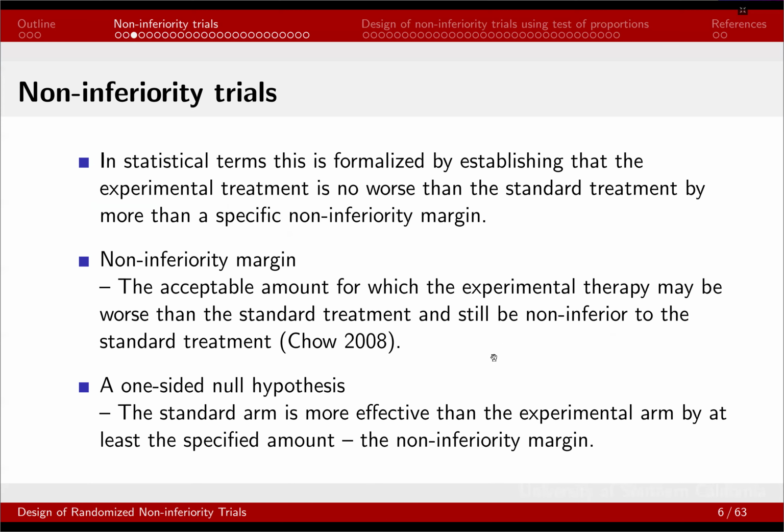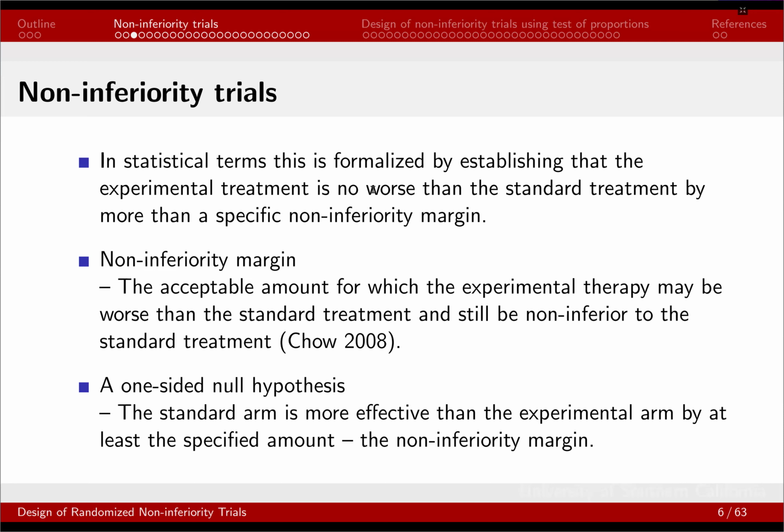In statistical terms, this is formalized by establishing that the experimental treatment is no worse than the standard treatment by more than a specific non-inferiority margin. And this margin is defined as the acceptable amount for which the experimental therapy may be worse than the standard therapy, but still be non-inferior.